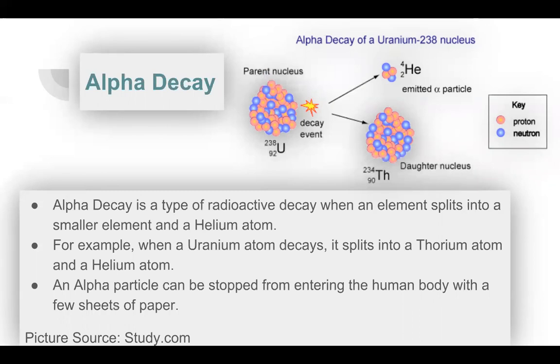For example, you have an element called uranium. You probably have heard of it. We'll be talking about that more soon. Uranium emits the helium particle and turns into thorium, which is the daughter nucleus. Alpha particles can be stopped from entering the human body by a few sheets of paper.